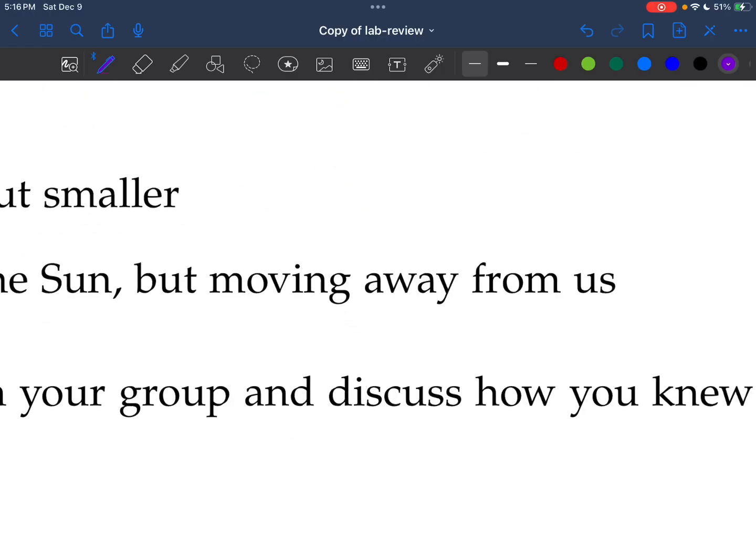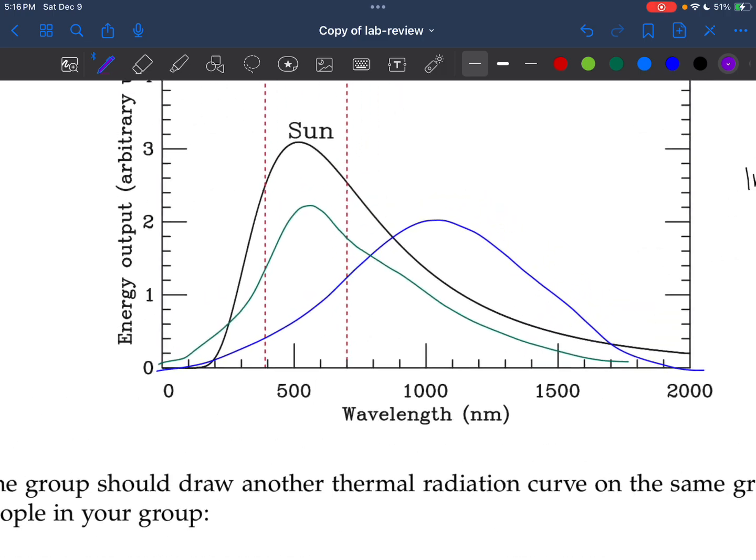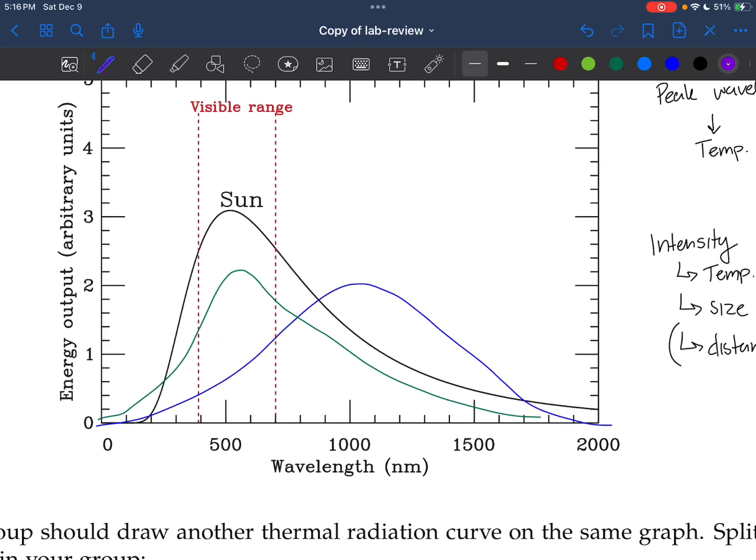Things that are moving away from us redshift. That's from the Doppler effect. So if I have that star I said was purple, I'm going to take this exact same curve and just shift it a little bit to the right. So same intensity.